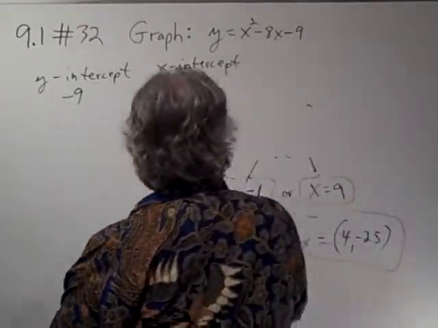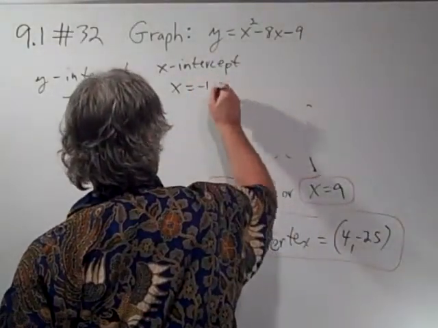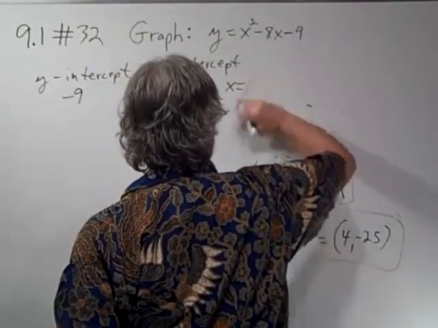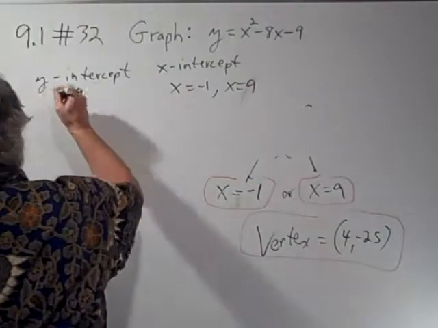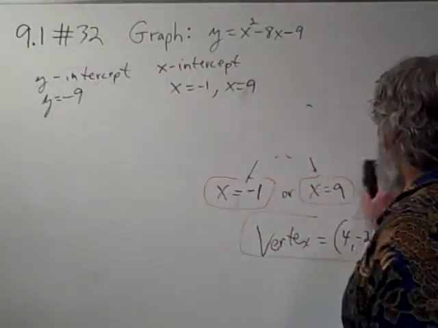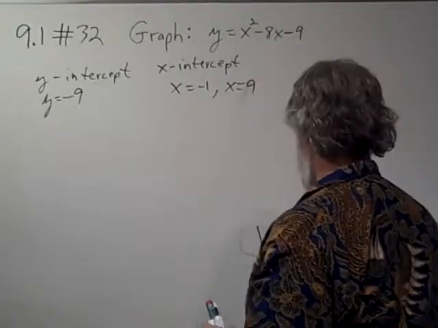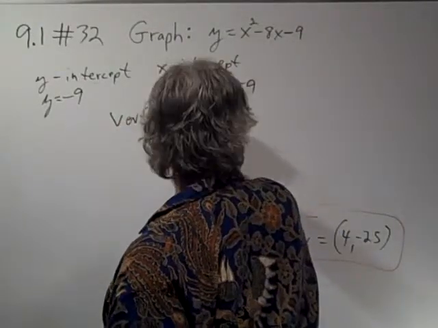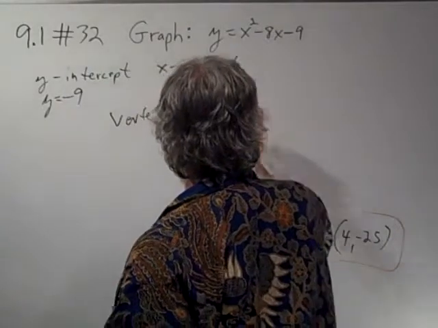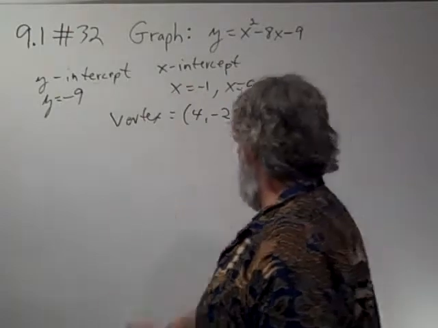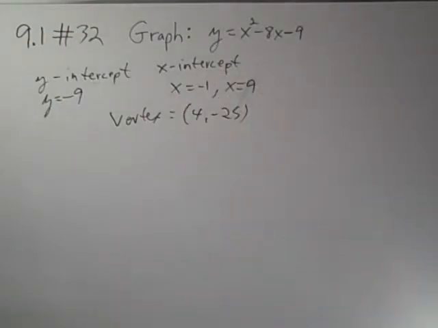The x-intercepts were at x equal negative 1 and x equal 9. And the vertex is the point 4 comma negative 25. So let's use all that information to make a graph of this equation.